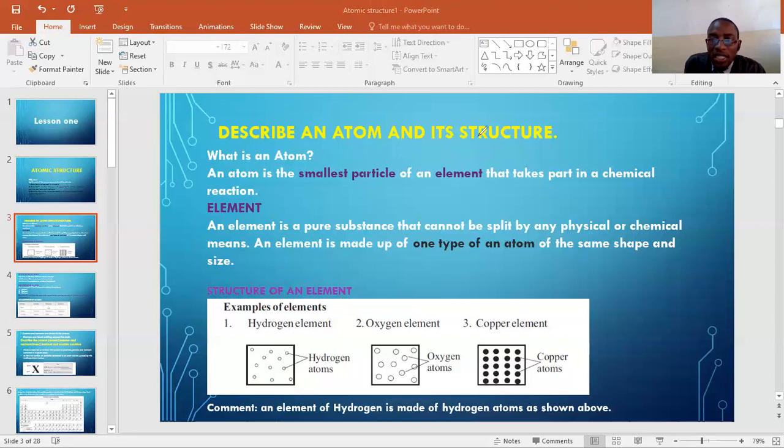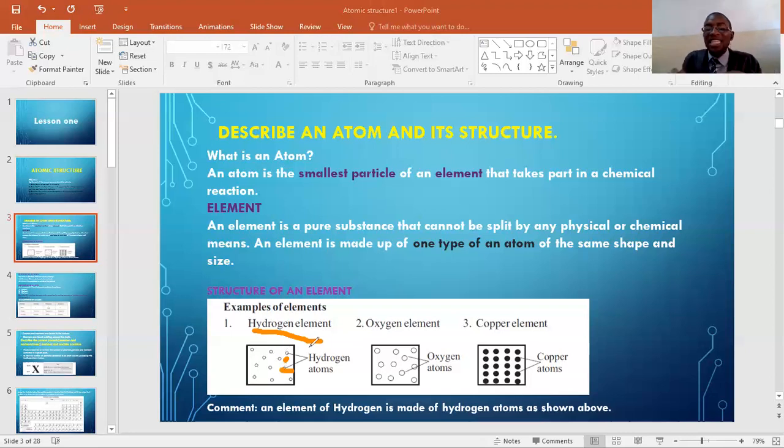So we're looking at hydrogen. Let me use a different color. So hydrogen element, when you open the inside of the hydrogen element, you find the hydrogen atoms. So those are the hydrogen atoms inside the hydrogen element.